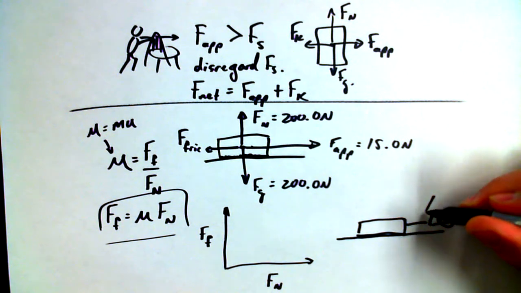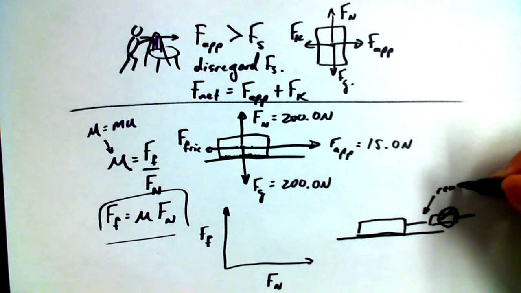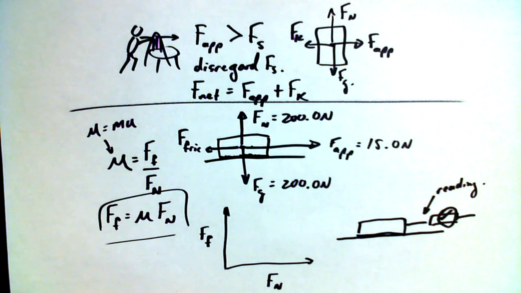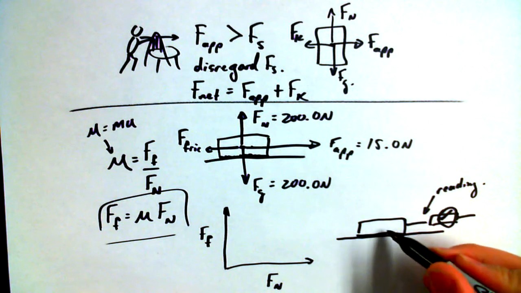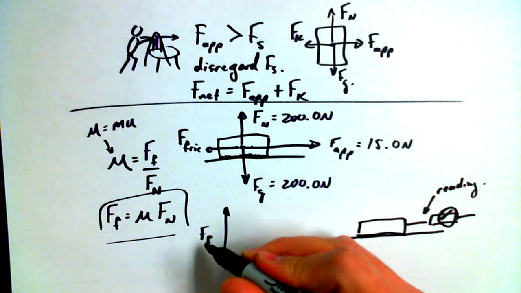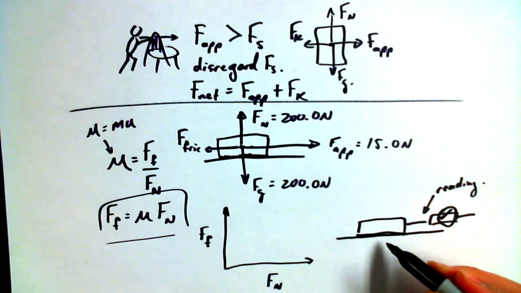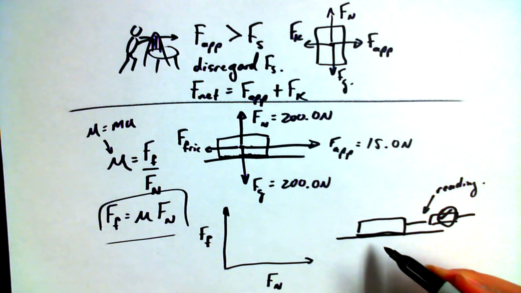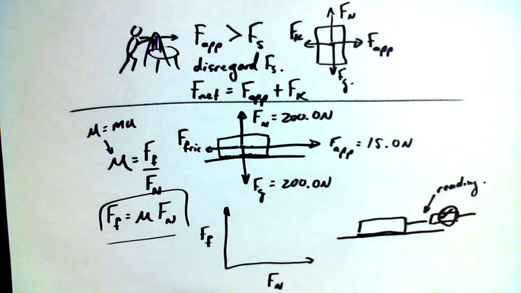Every time I pull on that force sensor, I would get a reading. If I can pull on it so that it moves at a uniform velocity, that reading would be the force due to friction, because that would be the force that's resisting how much I pull, if I pull it at a constant velocity.